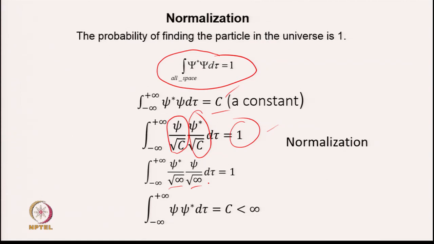And so, the integral of psi star psi d tau over all space should not be equal to infinity. It should be less than infinity.